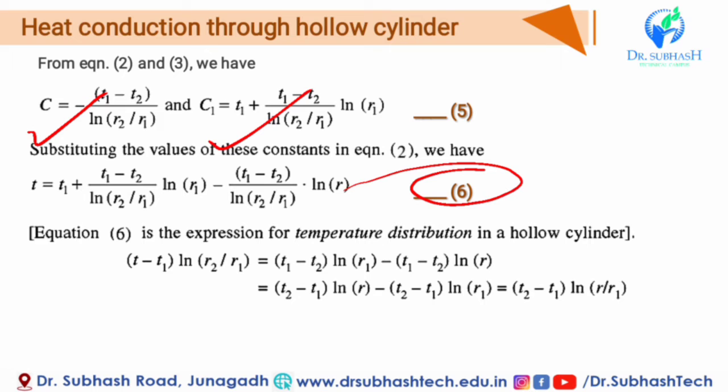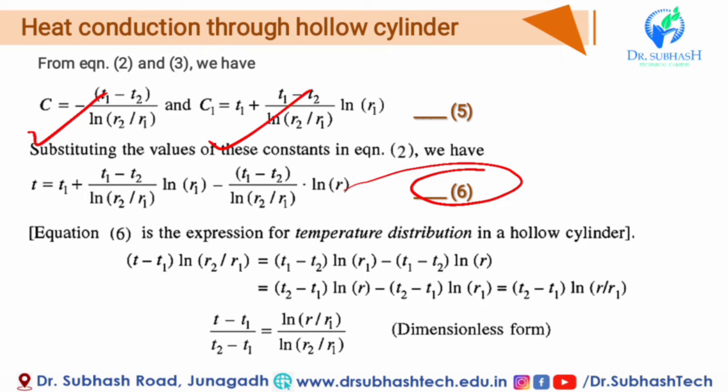Equation number 6 is the expression for the temperature distribution in a hollow cylinder. By further simplification of this equation, we get T minus T1 divided by T2 minus T1 is equal to ln R by R1 divided by ln R2 by R1. It's a dimensionless form. This equation is very important.